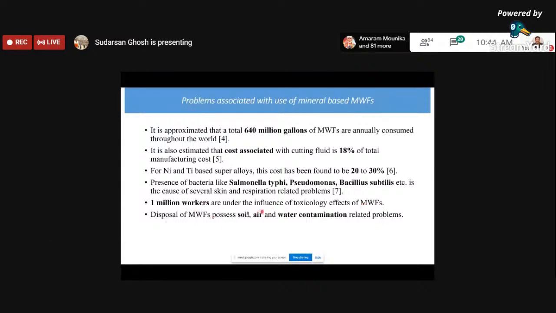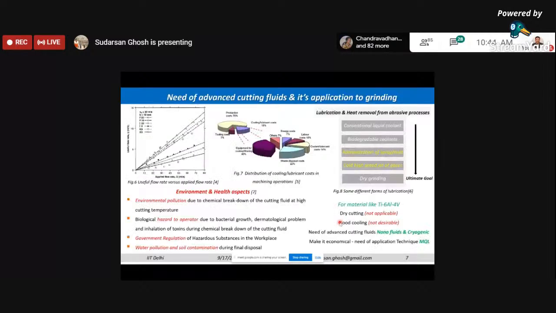Not only that, as I was telling you, if you do not have proper disposal equipment, you are prone to contaminate the soil, air, or water wherever you are dumping the mineral-based metalworking fluids. So what is the solution? For the super alloys, like a material such as titanium alloy, dry cutting is not an option.